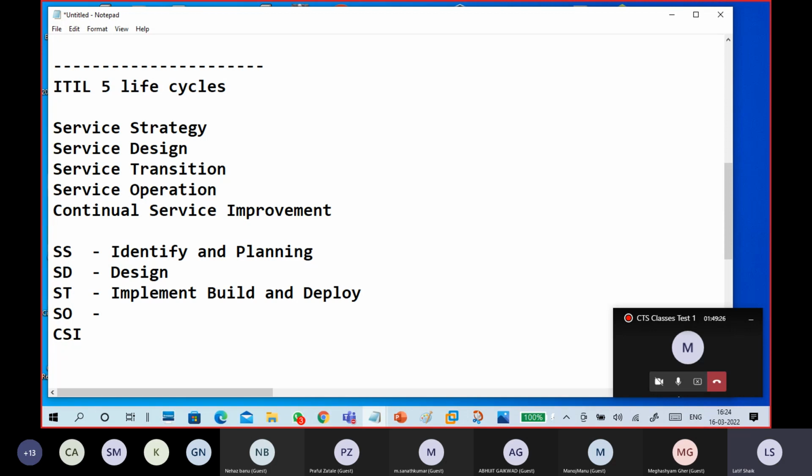Service operations: make sure proper deployment has occurred or not. You have to support customers, supporting, troubleshooting, maintaining.